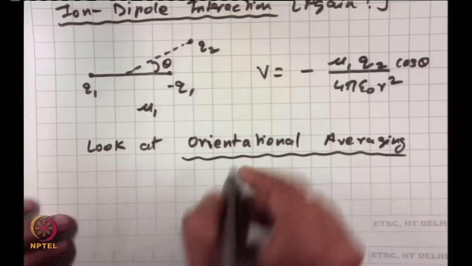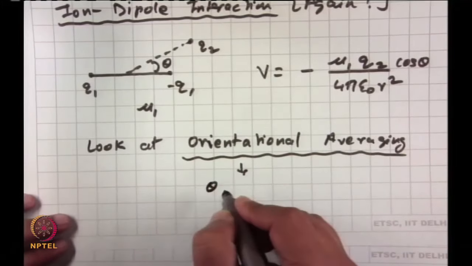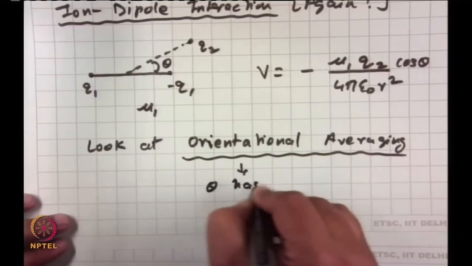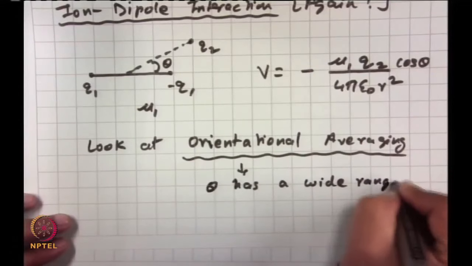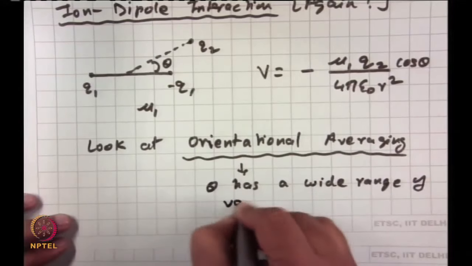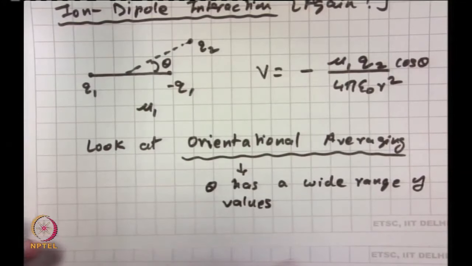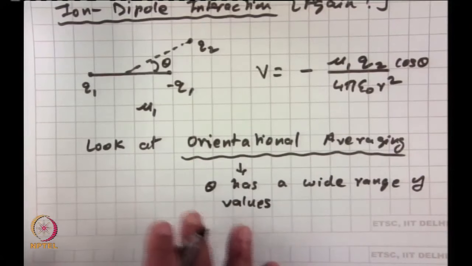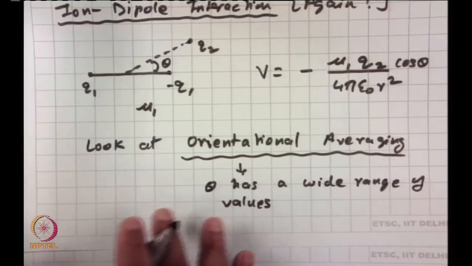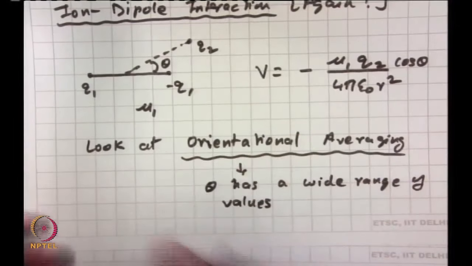That means theta has a wide range of values, and I will just tell you what the range is. This is what we are going to look at, and you will be surprised what this orientational averaging can do to interaction. Just wait for this.